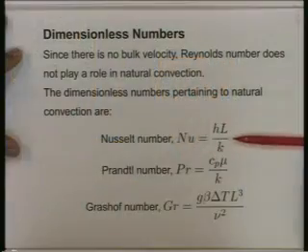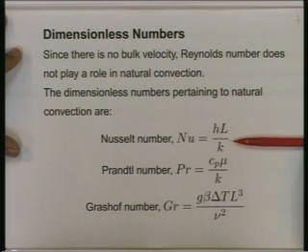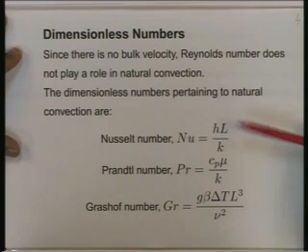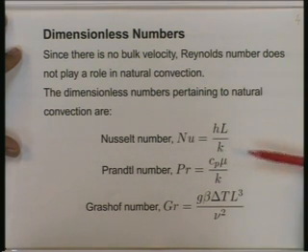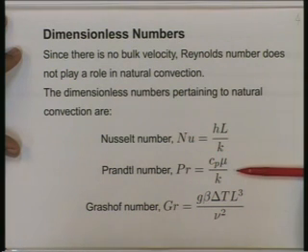We are interested in a heat transfer coefficient, and the dimensionless number, Nusselt number, would represent the heat transfer coefficient in the dimensionless form. We have come across the Prandtl number during our studies of forced convection. We have the Prandtl number present in almost all correlations of natural convection.